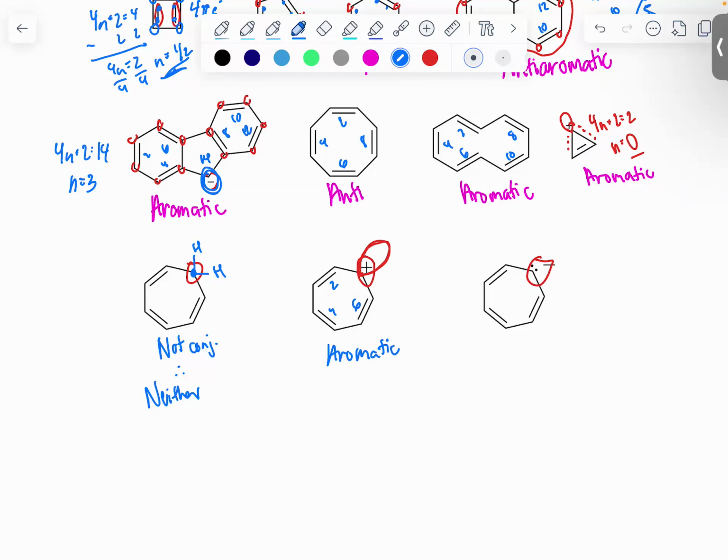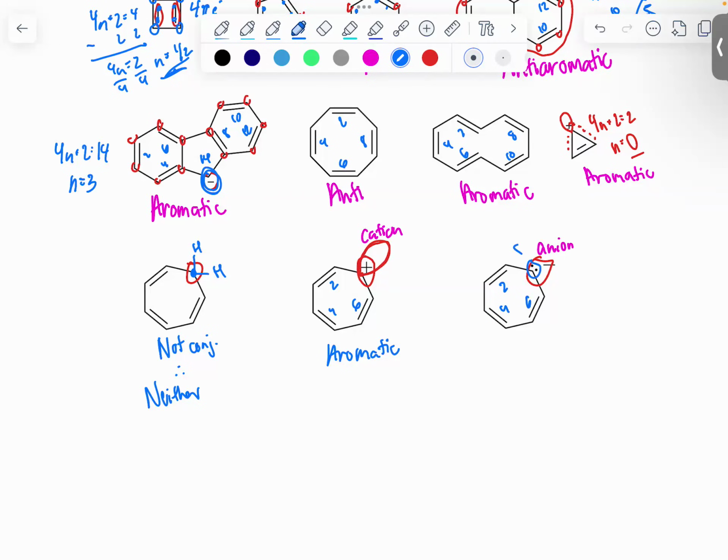And our final one, we have an anion instead of a cation. And that will add electrons to our count.